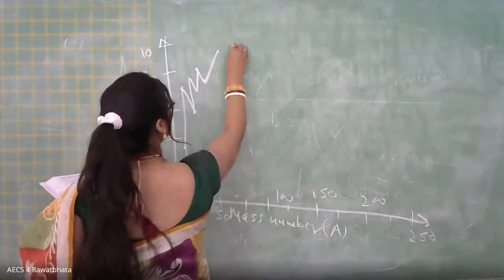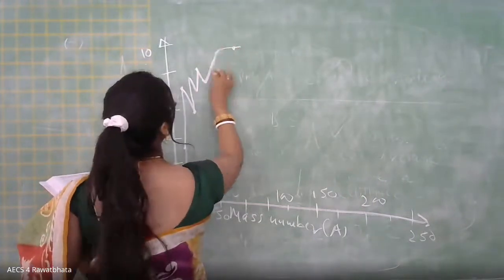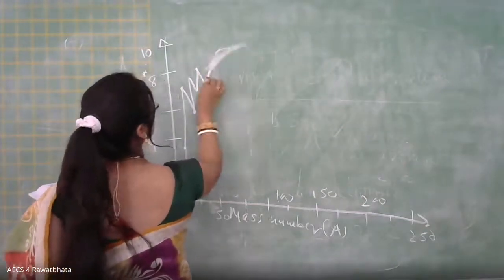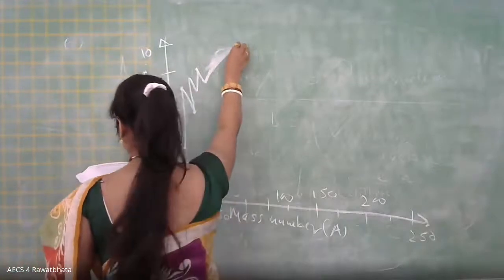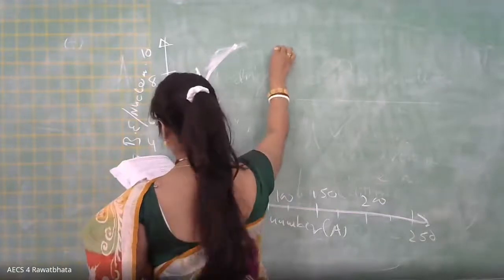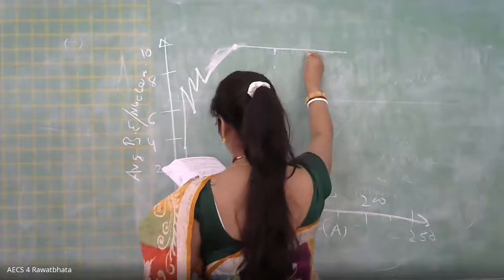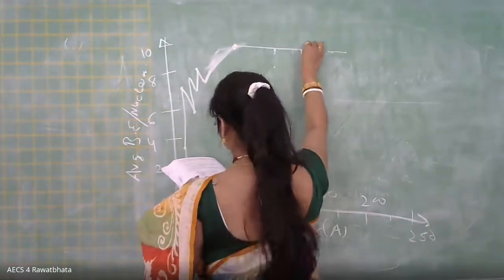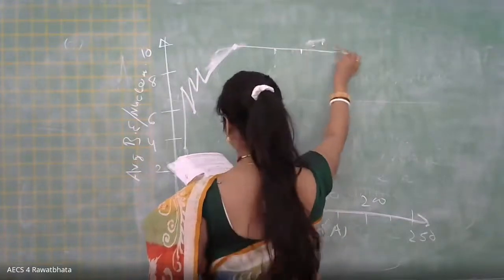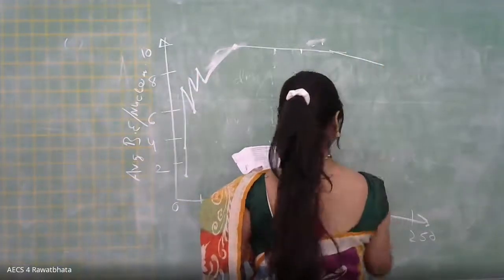Around six. Only a few important parts I'll tell you, which are mainly required. This 127 we are having, then 200.